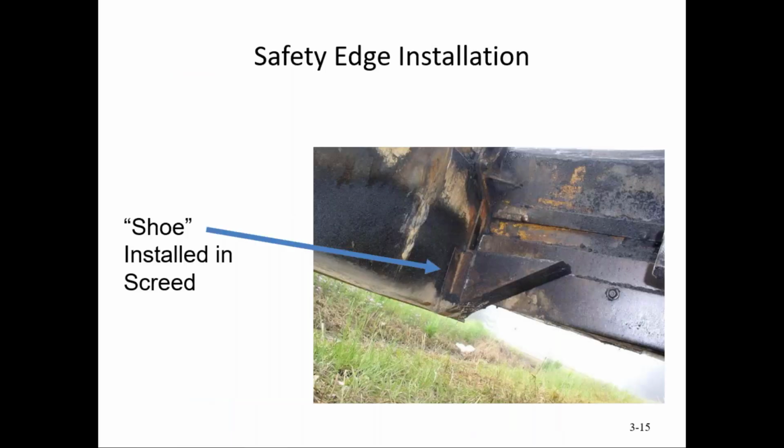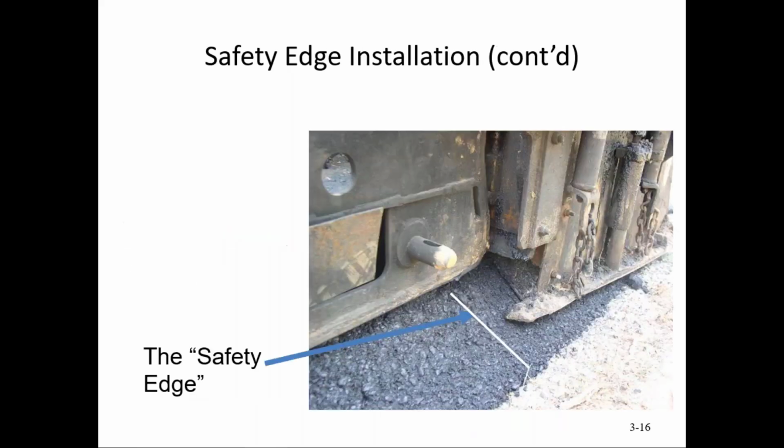And how that is constructed is by installing a shoe on the screed of the paver, and that creates the safety edge. I believe the price may have gone up recently, but a few years ago, this shoe cost about $1,500 to $2,000.